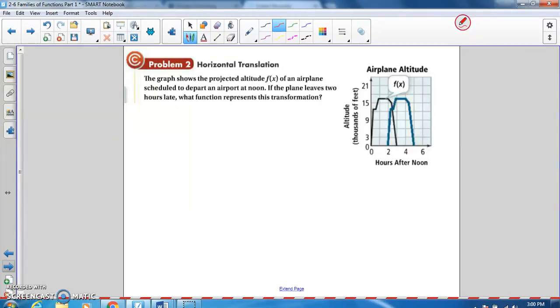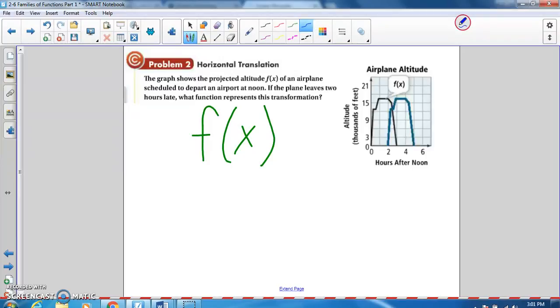So if the graph shows the projected altitude f of x of an airplane scheduled to depart an airport at noon, if the plane leaves 2 hours late, what is the function representing this transformation? We're leaving 2 hours late. That means we want to take our original graph and shift it to the right 2. So we have our original function, f of x, but we want to move it to the right 2.